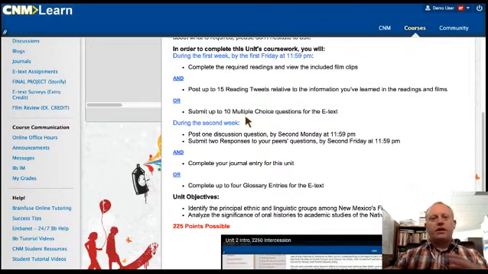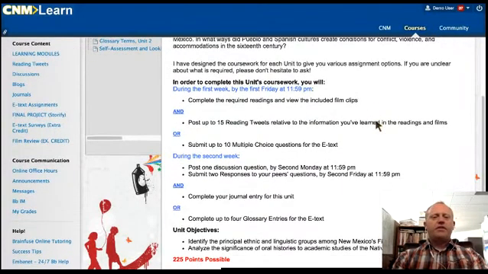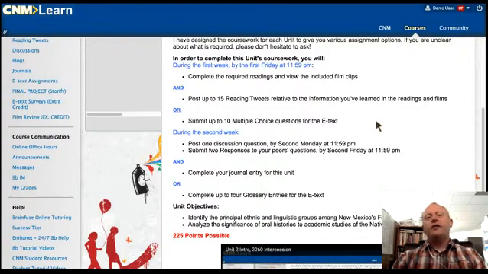Also, there's a section that will take you to where you will submit your multiple choice questions. If you have any questions about how to do either of those two assignments, you can come over to the far left-hand side on course content. You can look up reading tweets, or you can look up e-text assignments. That's where the multiple choice question description is. So there's that information, and you can, again, choose one or the other.